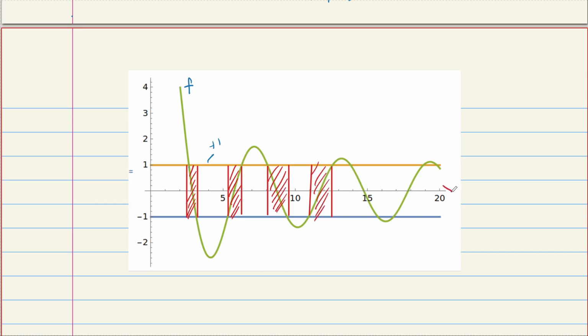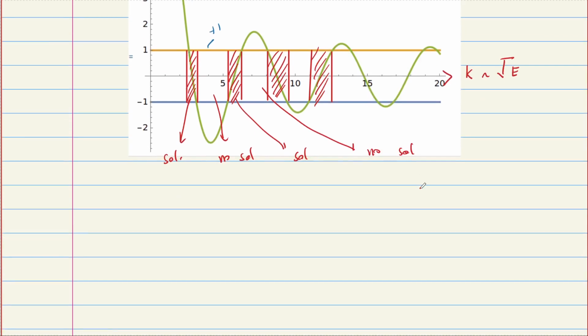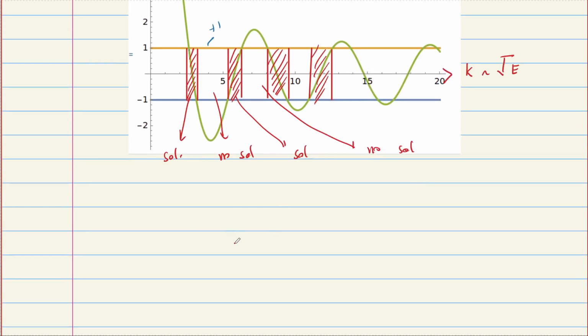And what is this? This is k, and k is proportional to the square root of E. Then there's an energy band here, right? Solution, and there's no solution. And here is solution, here is no solution. If I invert this, I can think about it as an energy axis.